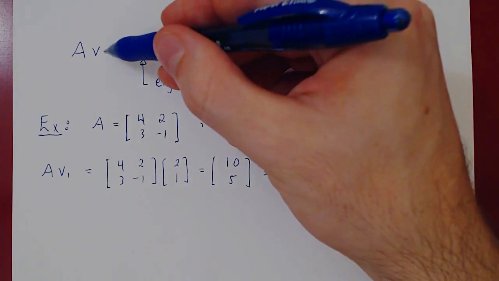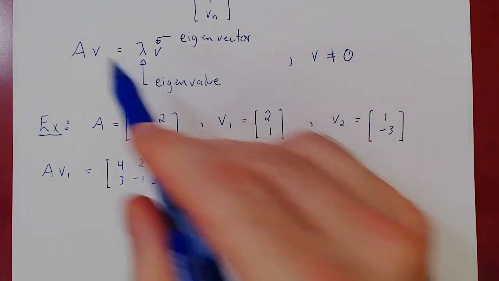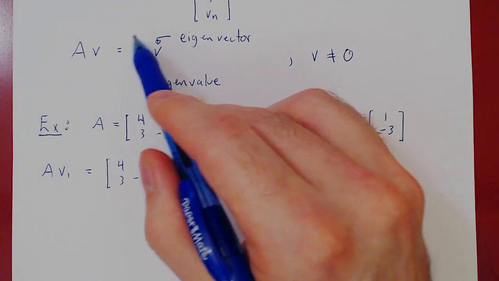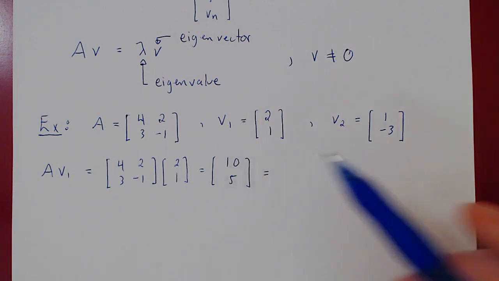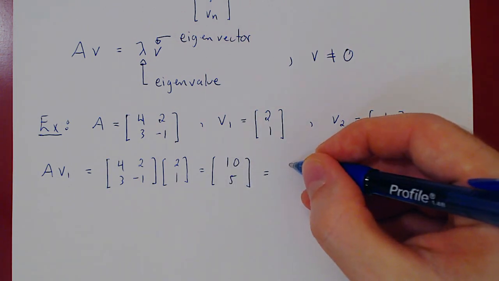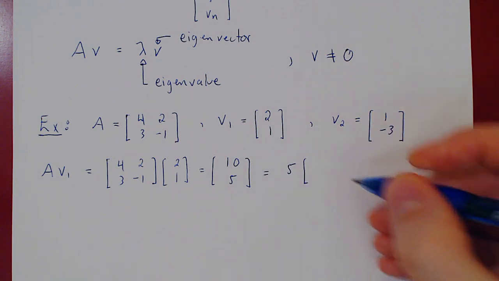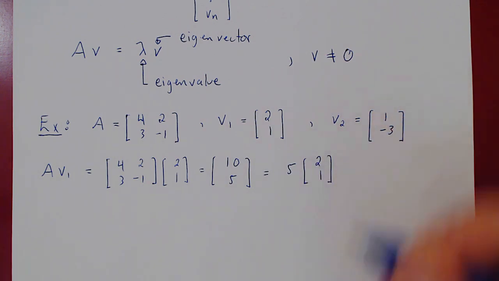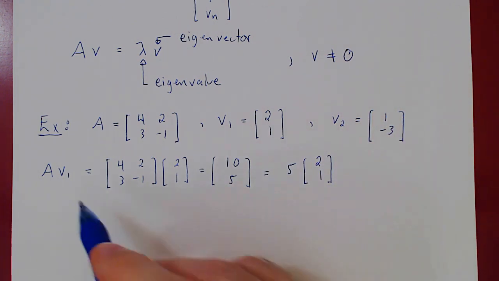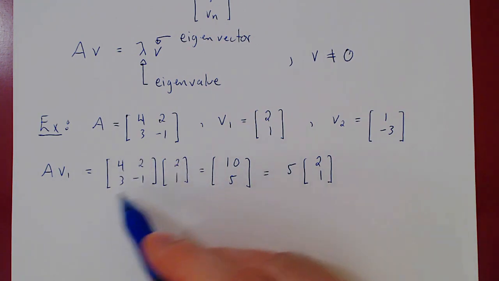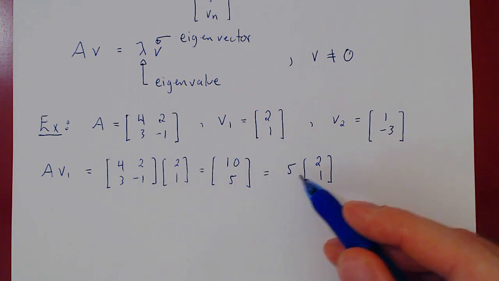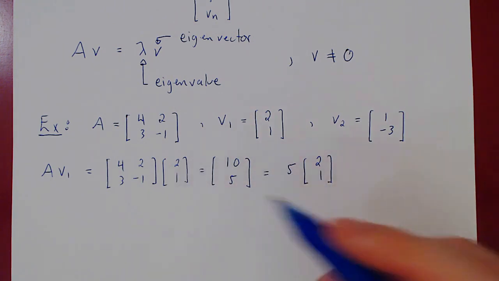Well, if V1 really is an eigenvector of A, AV would have to be just a scalar multiple of V. If you look here, both of these are multiples of 5. So if you factor 5, you are left with the vector 2, 1. So look at that. A times V1, this matrix times the vector 2, 1, ends up being quite simply 5 times the same vector.